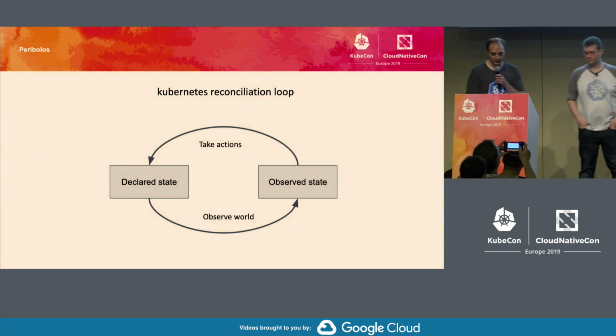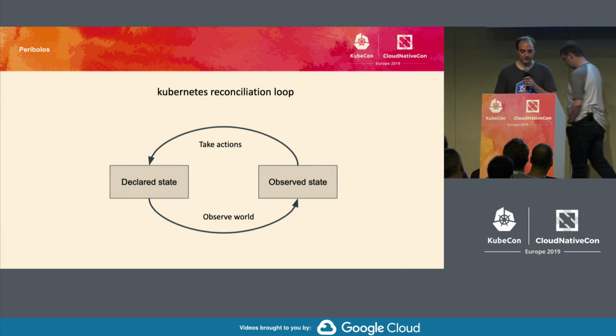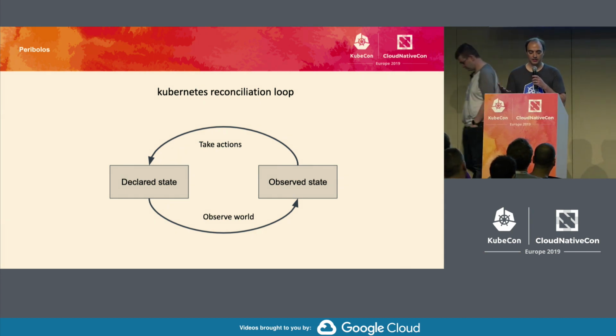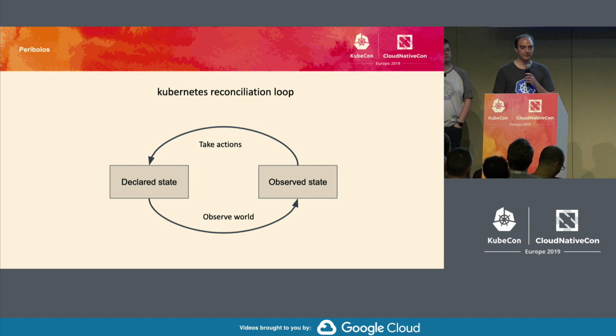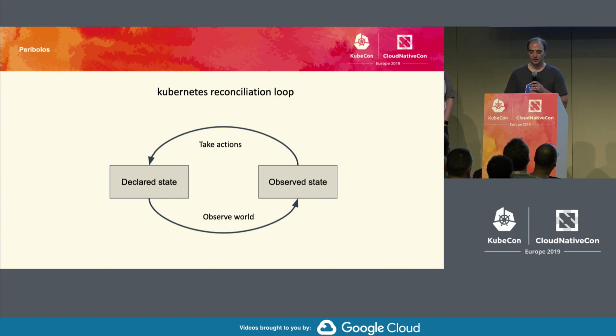Great. So the way that we decided to try and solve this problem is by taking inspiration from the way Kubernetes solved this problem, especially the way they use controllers and have reconciliation loops. The basic way that this works is by having some sort of desired state that you then compare with the actual state of the world and take any actions that are necessary to drive towards the goal state.